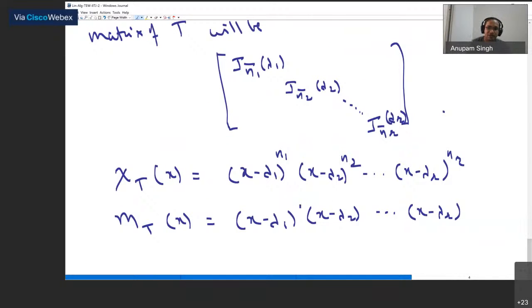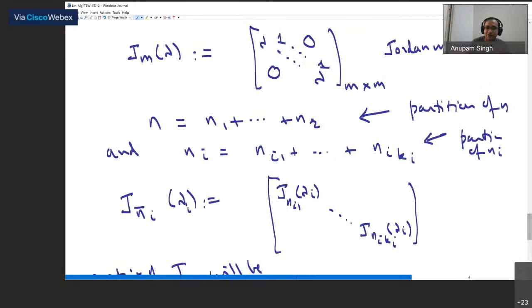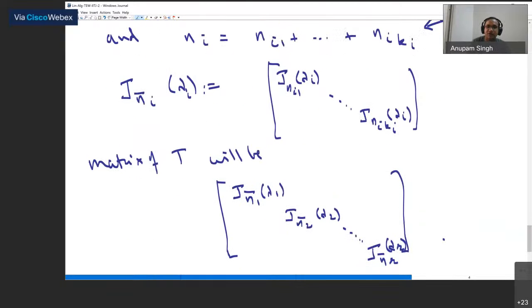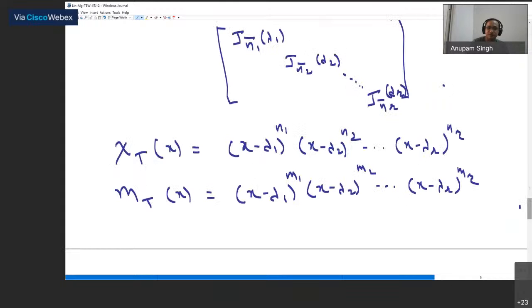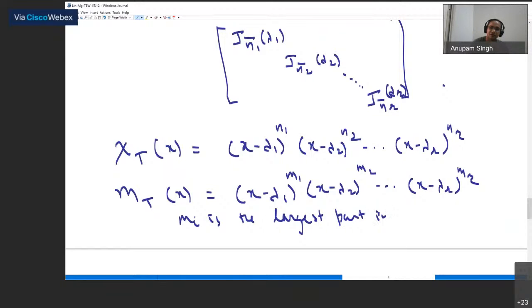Let's say the minimal polynomial exponents are m1, m2, mr. And these m1, m2, mr will be reflected in the partitions you obtained for ni. The largest entry will be that mi. So mi is the largest part in the partition of ni.